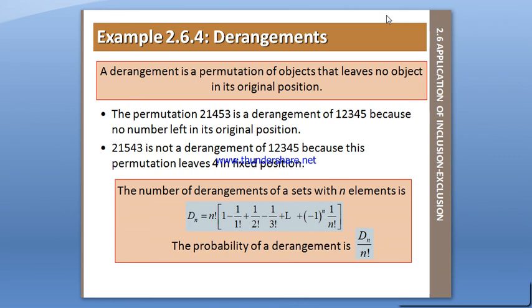D of n, the number of derangements, equals n factorial times 1 minus 1 by 1 factorial plus 1 by 2 factorial and so on, plus minus 1 to the power n times 1 by n factorial. Therefore, the probability of derangements is given by Dn by n factorial. So, by using the principle of inclusion and exclusion, we can solve derangement problems.